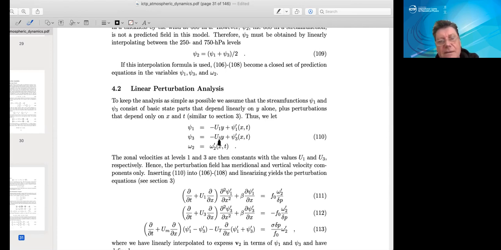What does this mean? That is a vertical shear of the mean wind. If you remember the thermal wind equation that you have shown, what is the vertical shear of the zonal wind proportional to? It's the meridional shear of temperature, right? When the wind changes in the vertical direction, that has to be balanced by a horizontal change in temperature.